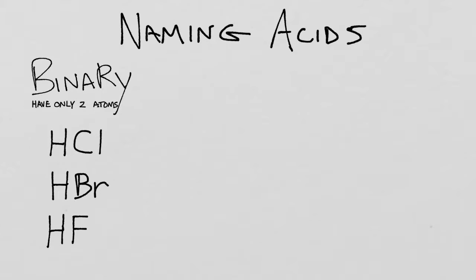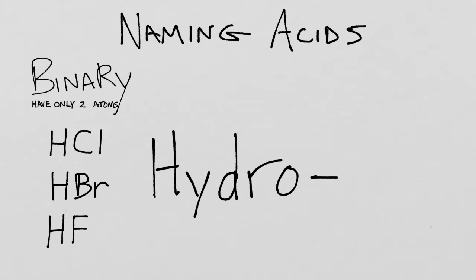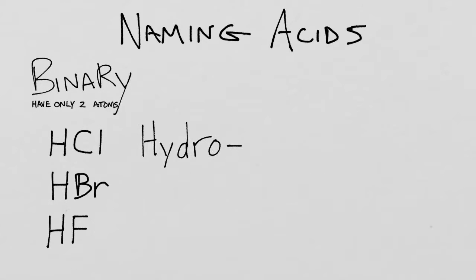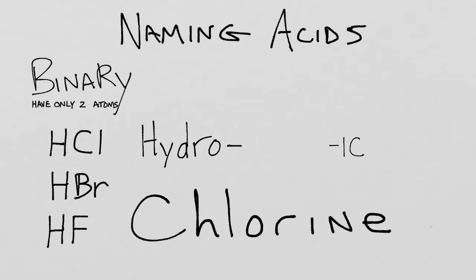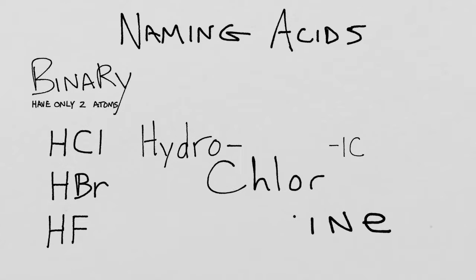Now these binary acids will get the prefix hydro because of the hydrogen that they have, and then they'll get the ending ic. So for chlorine, this will turn into chloric. So chlorine just gets the ending chloric.